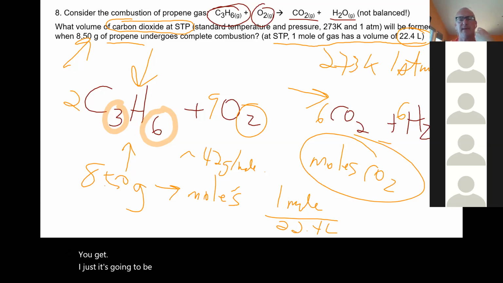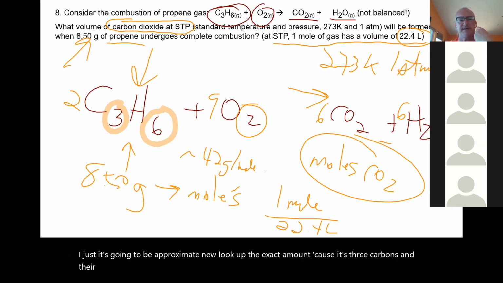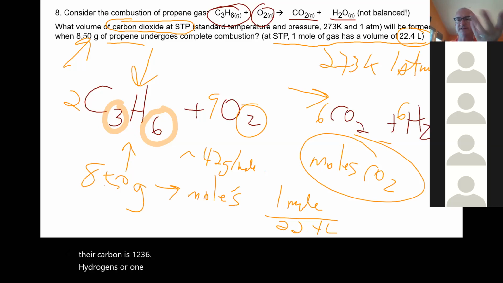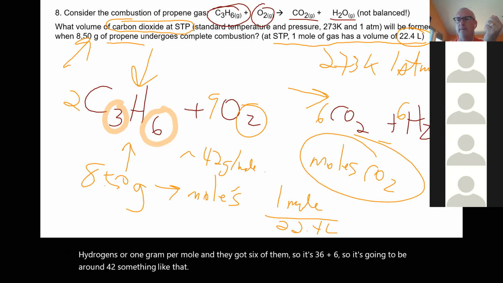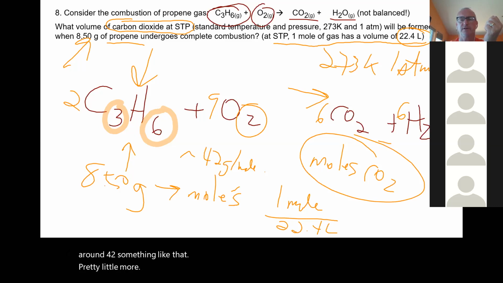You look up the exact amount, because it's 3 carbons, and carbon is 12, that's 36. Hydrogens are 1 gram per mole, and there are 6 of them, so that's 36 plus 6. So it's going to be around 42, probably a little more. Just look it up. Probably around 42.1 or 42.2.